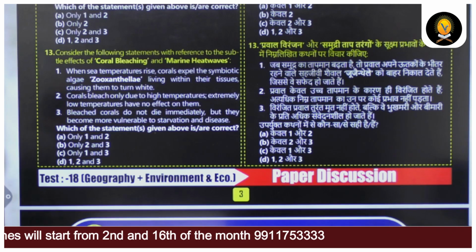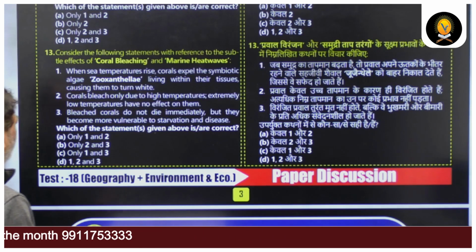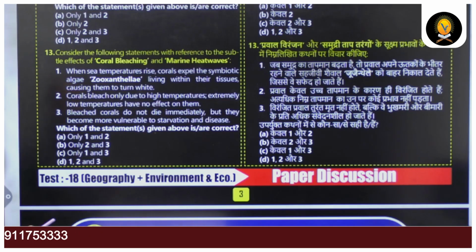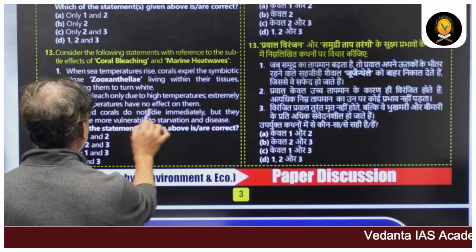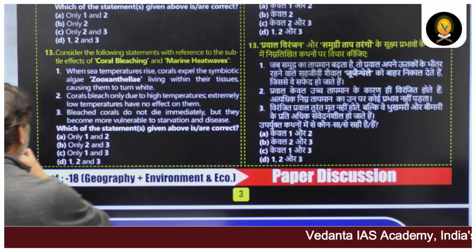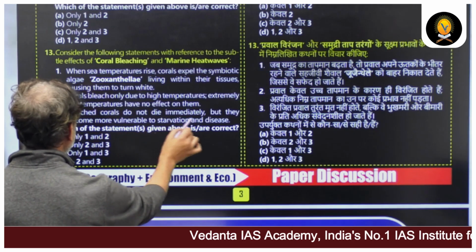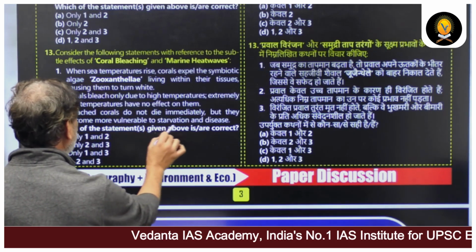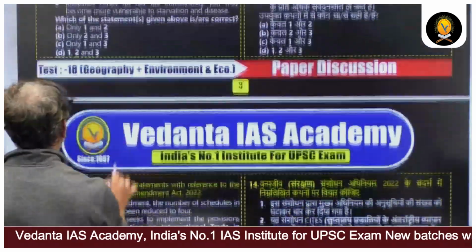Look, corals only survive in tropical oceans, so the second option, low temperature have no effect on them, is wrong. So, 1 and 3 are correct. Bleached corals do not die immediately, but they become more vulnerable to starvation and disease. Yes. So, options 1 and 3 are correct.